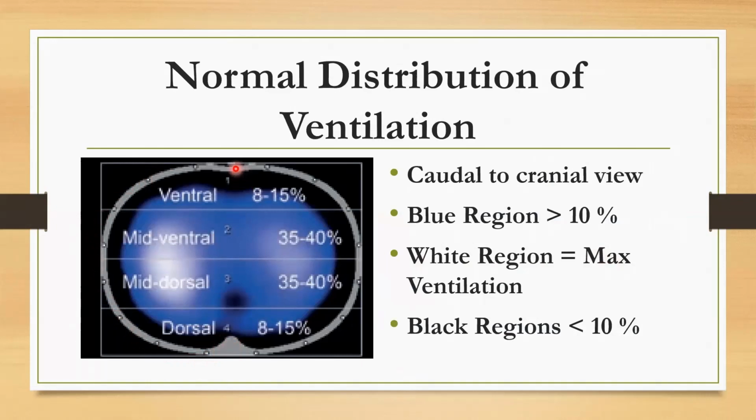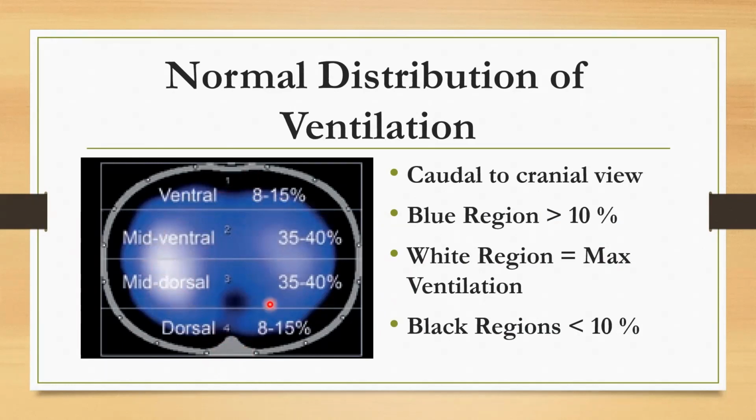This is a caudal to cranial view, so it's like you're at the foot of the patient and you're looking towards their head. Another way, they call it ventral, mid-ventral, mid-dorsal, and dorsal. You could call it anterior to posterior. This would be the right side of the lung, and this would be the left side, just like the way you look at a CT scan.